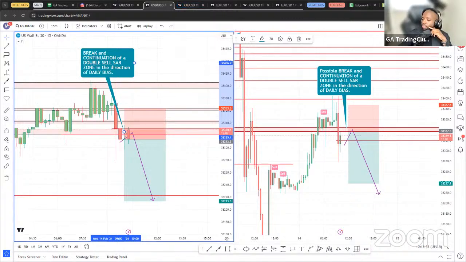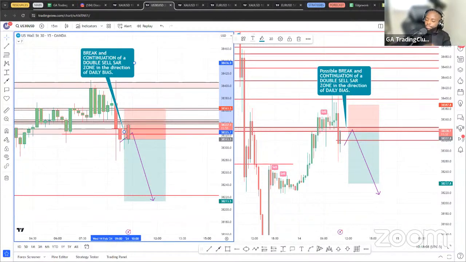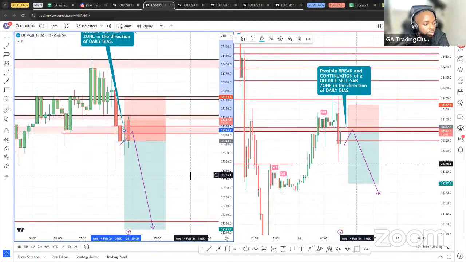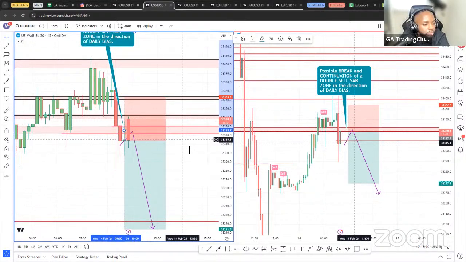And we have what, 1017. And see, it's coming back to this zone. Need some nice selling pressure. 29.66.